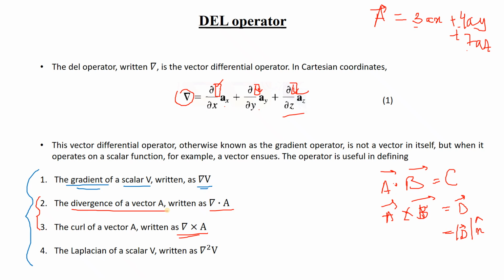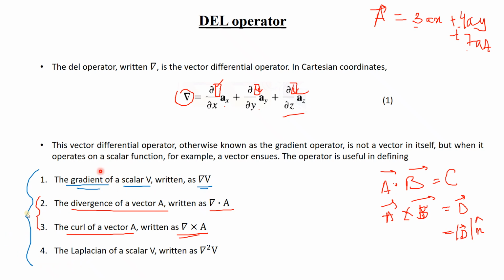So divergence of A means del operator dot A. When you apply the cross product of del on a vector A, we call it the curl of A.